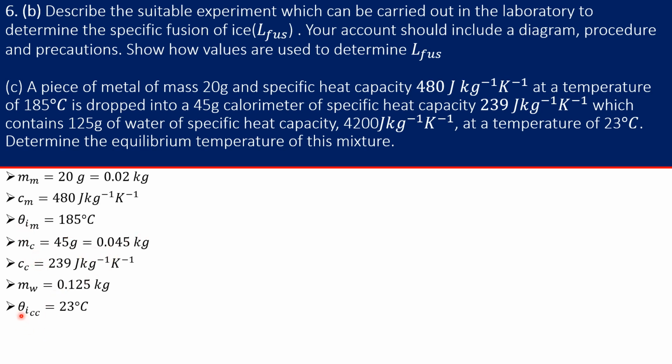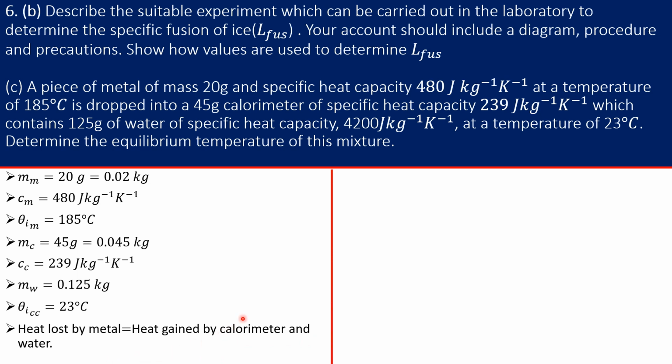We're talking about the initial temperature of the calorimeter and its content, that's why you see 23 degrees Celsius, because the moment the examiner gives the mass of the calorimeter, it means that initial temperature is the equilibrium temperature between the calorimeter and its content. So heat loss by the metal has to be equal to heat gain by the calorimeter and water.